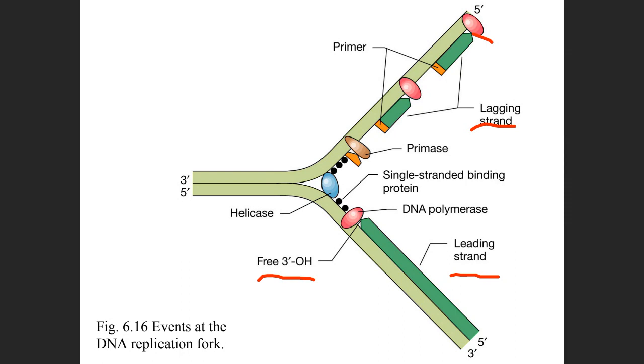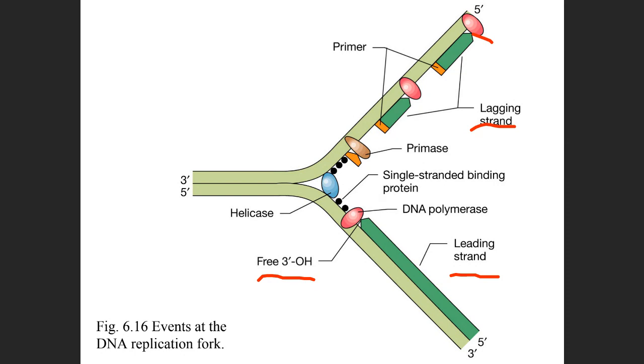The primase, which is an RNA polymerase, comes here, reads the DNA and puts a stretch of RNA in there, which forms the primer. So the yellow is the primer. Then the polymerase comes in and goes all the way here.